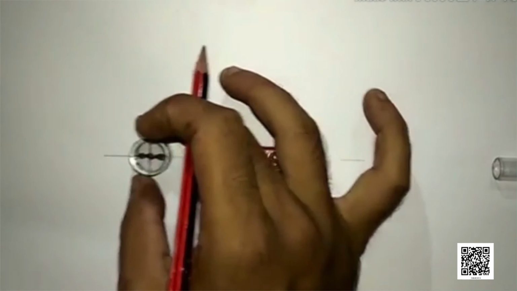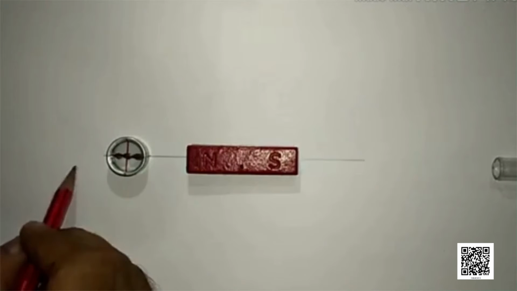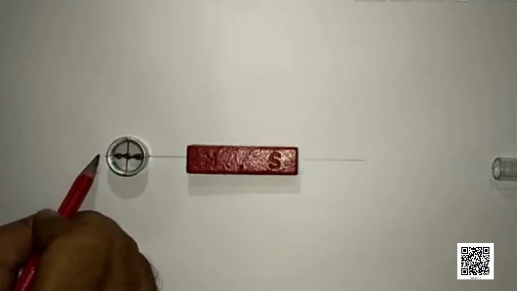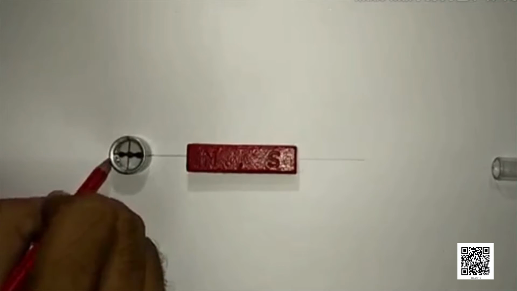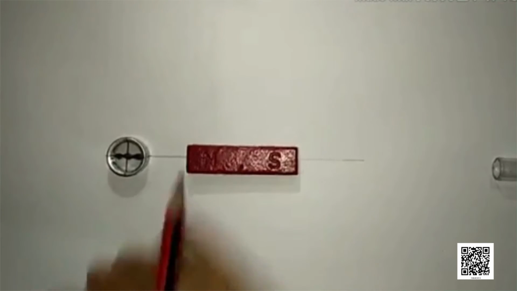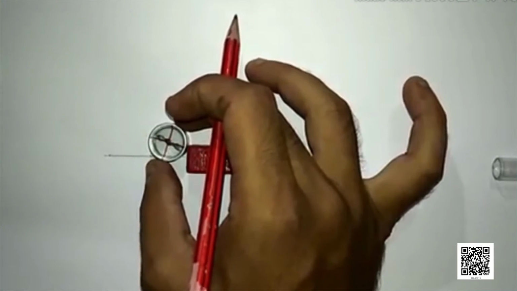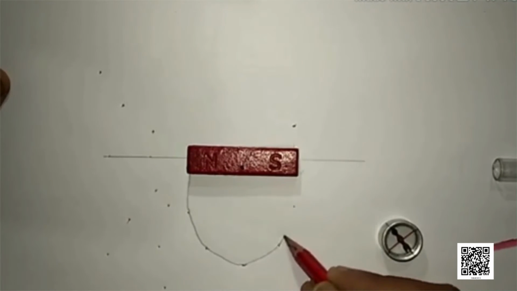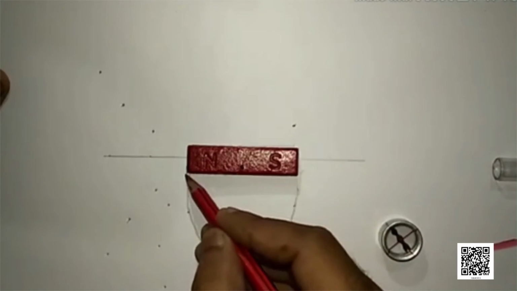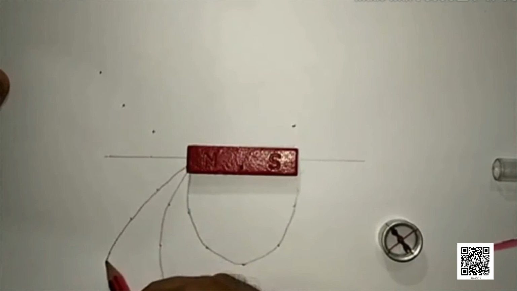Now move the compass needle to a new position such that its south pole occupies the position previously occupied by its north pole. In this way, proceed step by step till you reach the south pole of the magnet. Join the points marked on the paper by a smooth curve. This curve represents a field line.